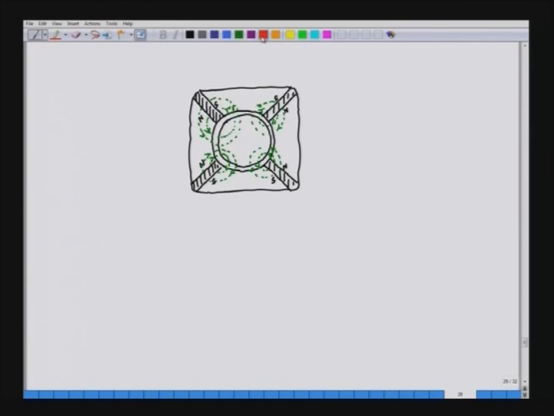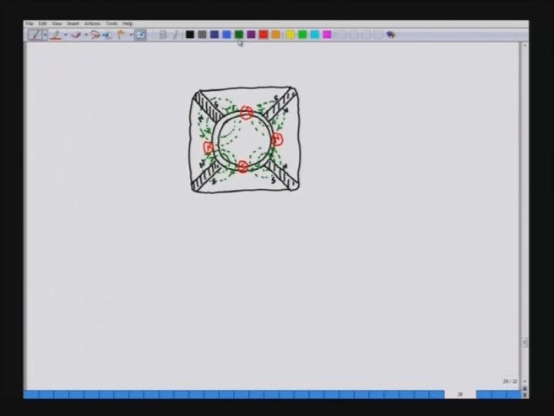So, ultimately we have here 2 south poles and 2 north poles. This is a south pole, which is created here, and this is also a south pole because the flux is entering. Here we have a north pole because the flux is going out. Here also we have a north pole.